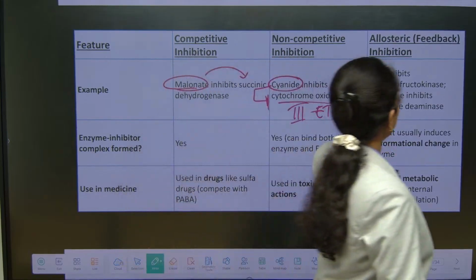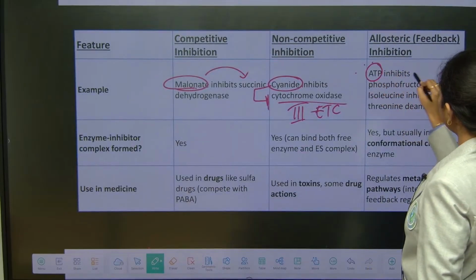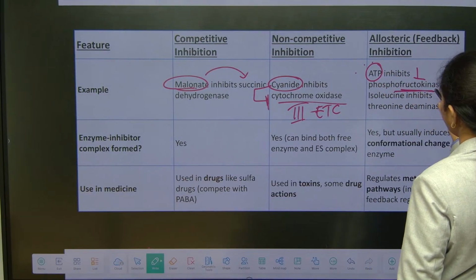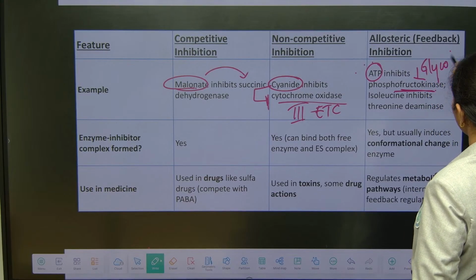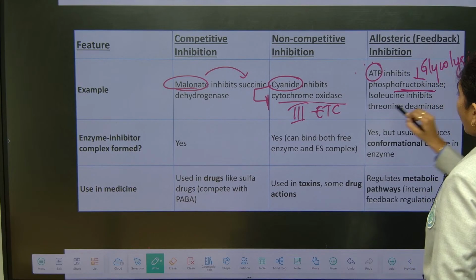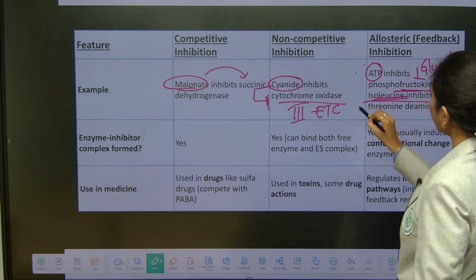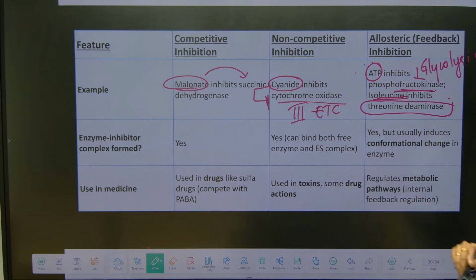Next, ATP will inhibit phosphofructokinase activity. This happens in glycolysis. Isoleucine will inhibit threonine deaminase. Fine, right? These are the examples that you have to remember.